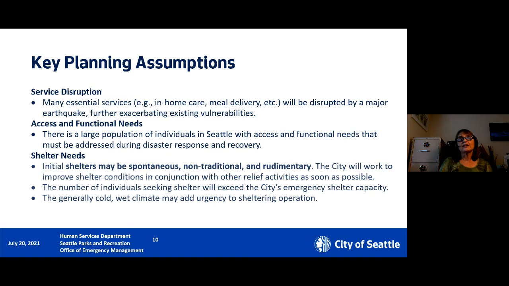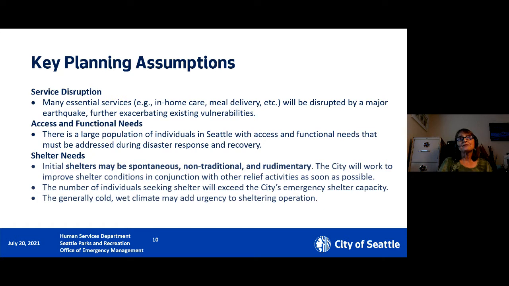Access and functional needs: this includes but is not limited to disability and Americans with Disabilities Act requirements. There is a large population of individuals in Seattle with access and functional needs that must be addressed during disaster response and recovery. More details on access and functional needs will be addressed later in the presentation by Deborah.